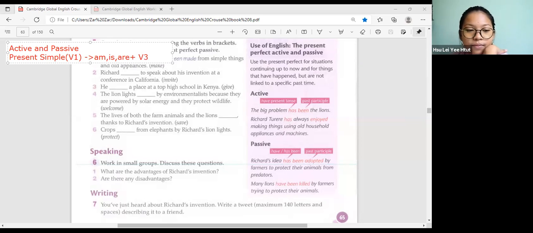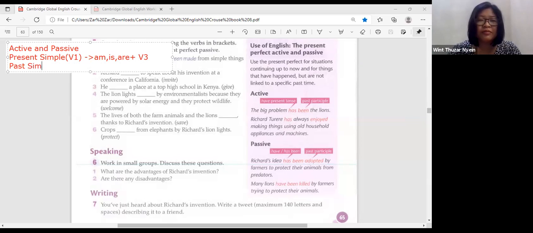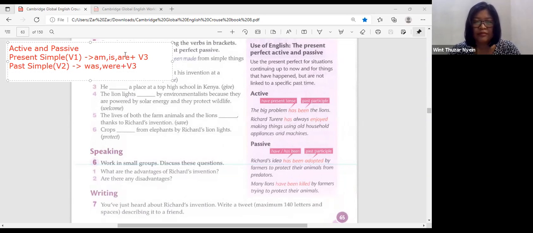Yes, verb 3. We see the past simple, which is also called verb 2, and we change into was, were, plus verb 3.